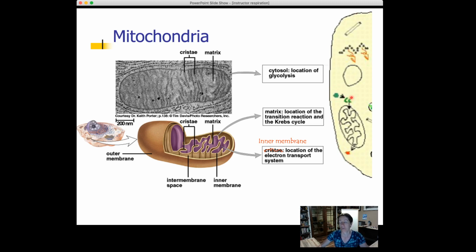It has nothing to do with the mitochondria. But then the transition, the citric acid cycle, and the electron transport chain, that all has to do with the mitochondria. So of those 4 steps, glycolysis is going to happen in the cytoplasm; transition, citric acid cycle, electron transport chain, they all have to do with the mitochondria.